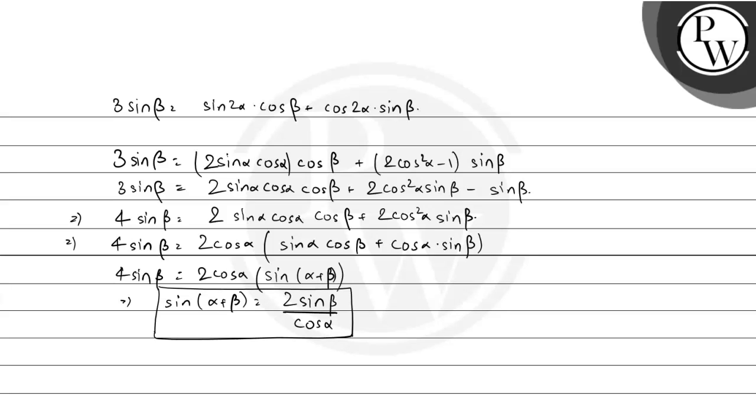The second thing that I can do with this given equation that we had seen earlier is to replace this cos 2 alpha by 1 minus 2 sine square alpha instead of 2 cos square alpha minus 1.